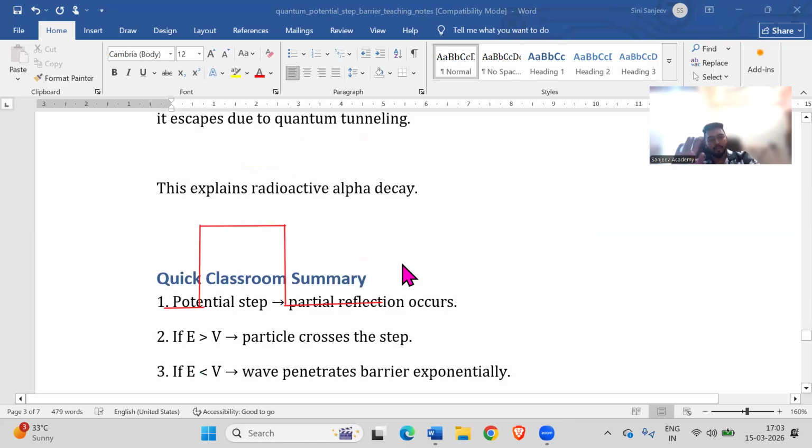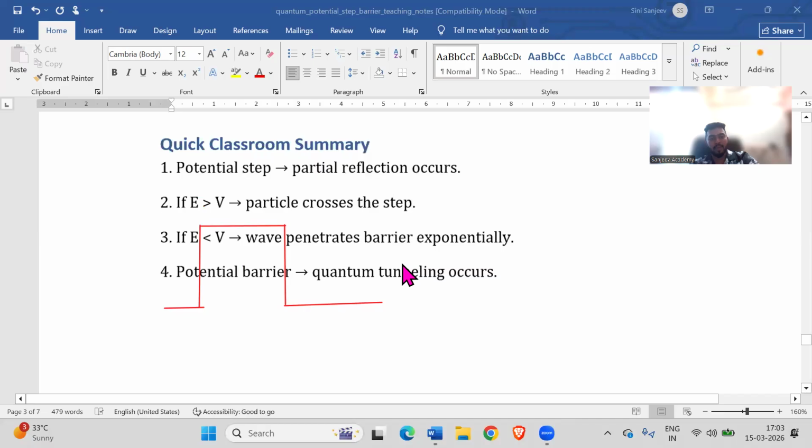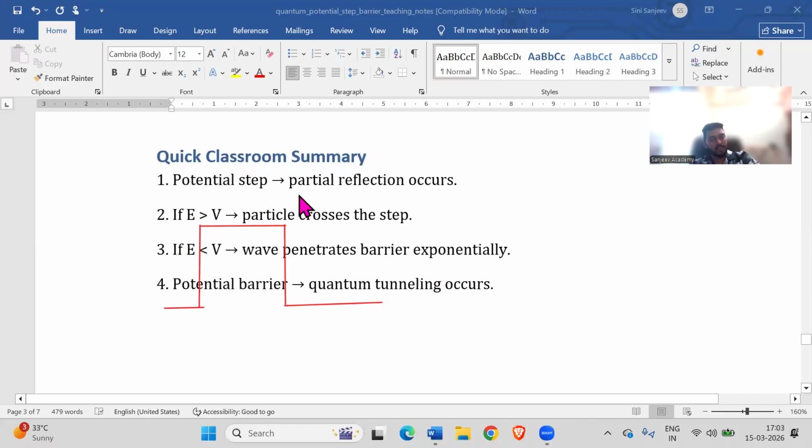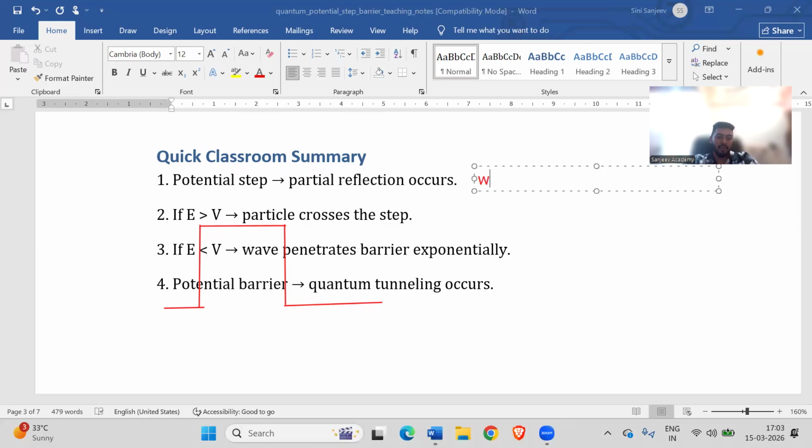One thing I want to quickly summarize from what is already written down. Potential step: the wave partially reflects. Partial reflection occurs. I'll write it down here because you have to know what is what.